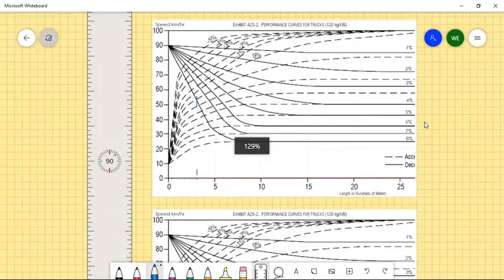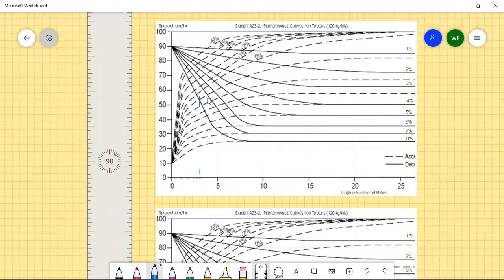This means that the truck will enter here at 90 kilometers per hour, then it's going to drive here horizontally for 300 meters, which matches this point. So then it will exit at this speed.